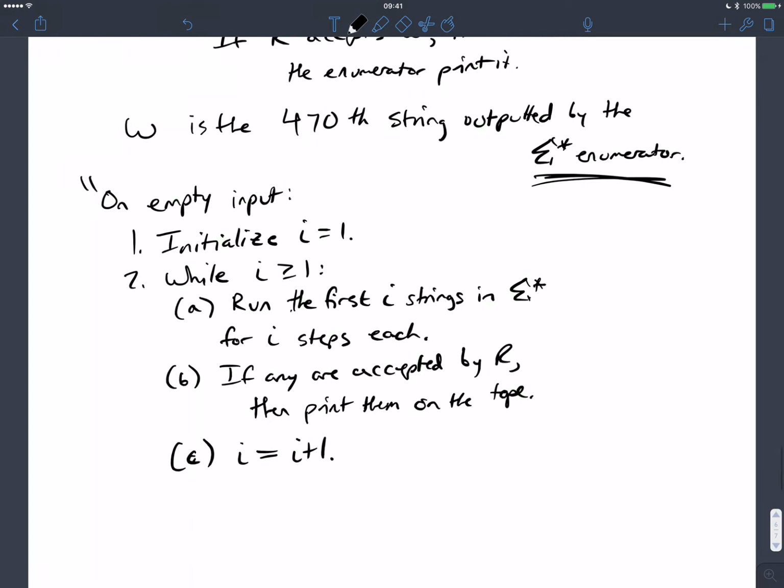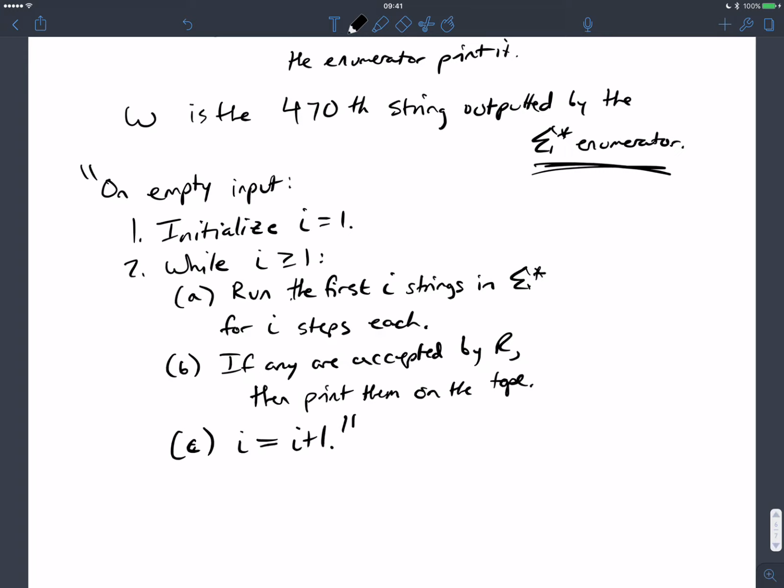In fact, every string will be outputted infinitely many times. Okay? So this idea actually works. The idea of running things, so I should say this, running in parallel.